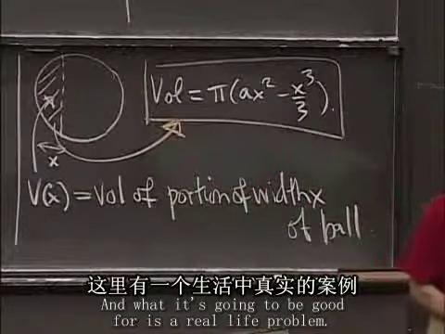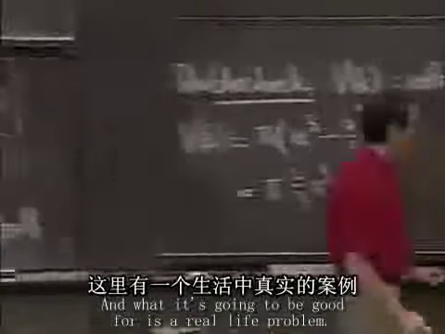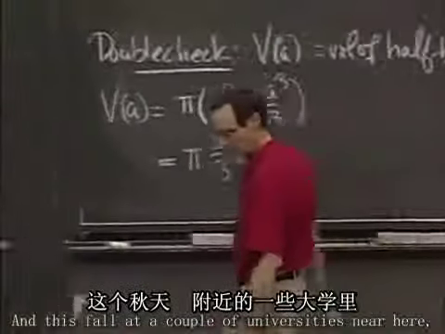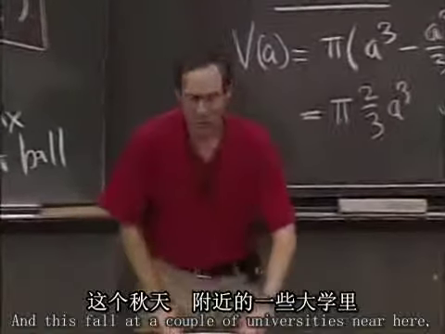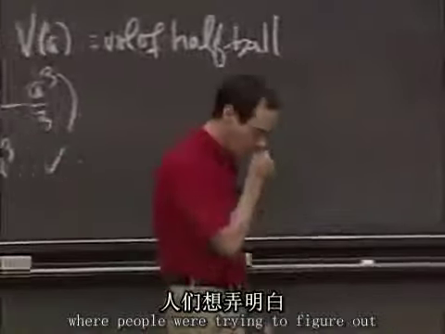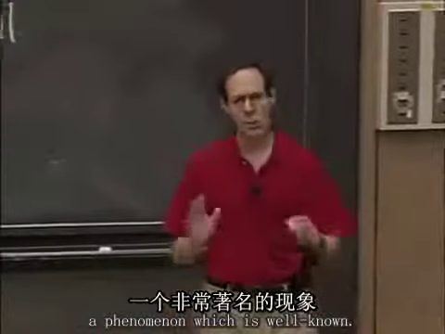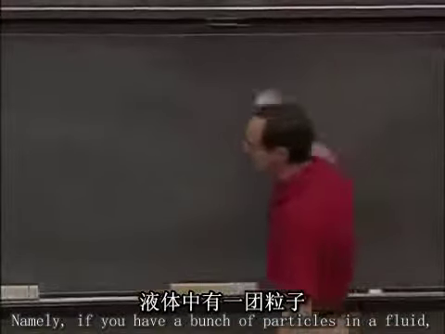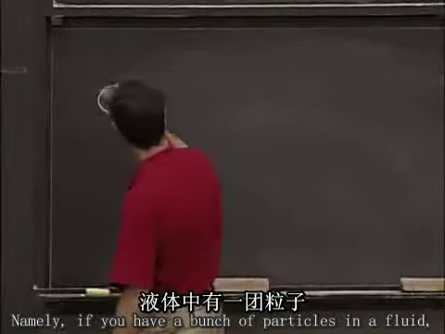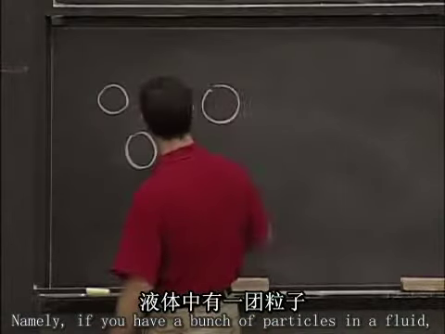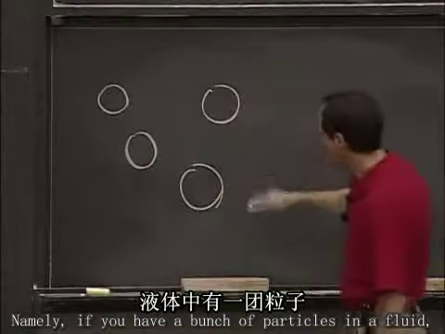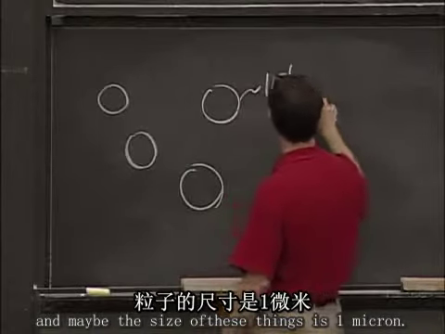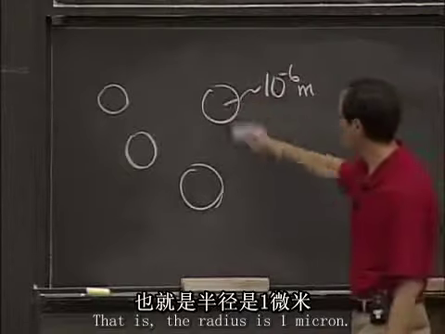And what it's going to be good for is a real-life problem that really came up over the summer and this fall at a couple of universities near here, where people were trying to figure out a phenomenon which is well known, namely, if you have a bunch of particles in a fluid, and maybe the size of these things is 1 micron, that is, the radius is 1 micron.